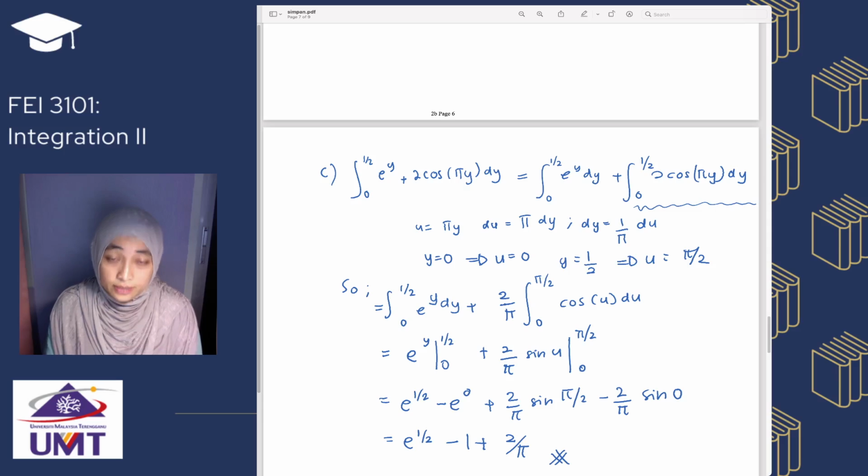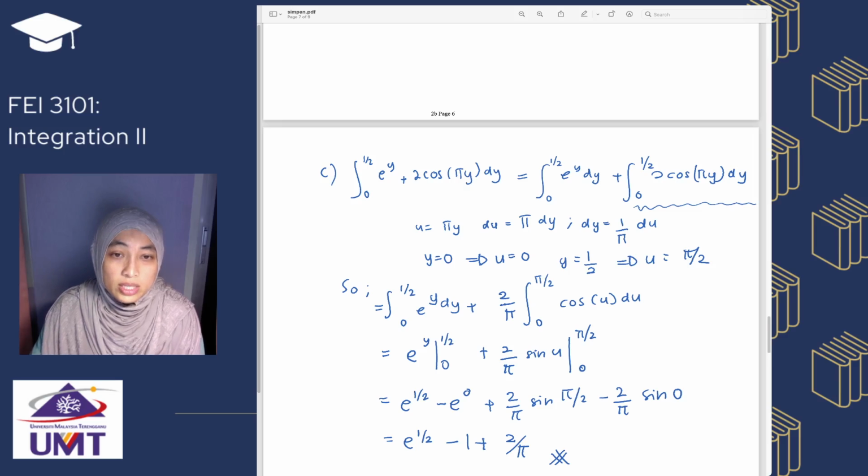Then you put u as equals to pi y, so du equals pi dy, so dy equals 1 over pi du. Don't forget to substitute the range. When y is equals to 0, u is equals to 0, but when y is equals to half, u is equals to pi over 2, right?